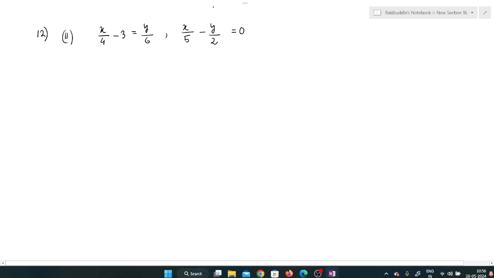These are the equations. Before I number them, let me write it in a proper way. x by 4 minus y by 6 equals 3. Let me simplify it a little more. First just take the LCM. What is the LCM of 6 and 4? It is 12.